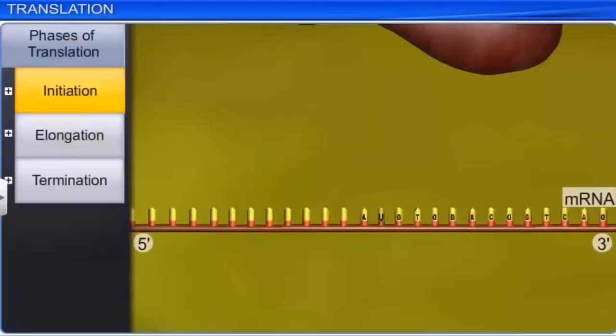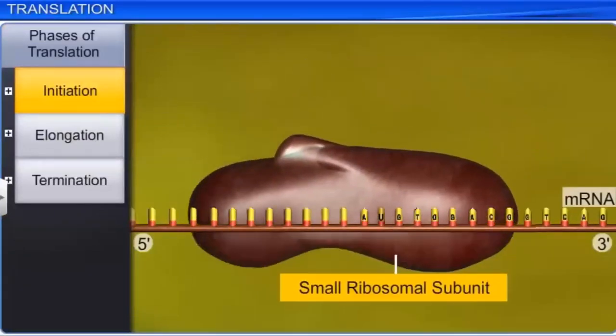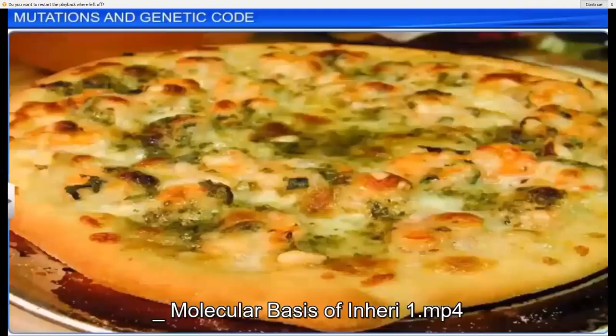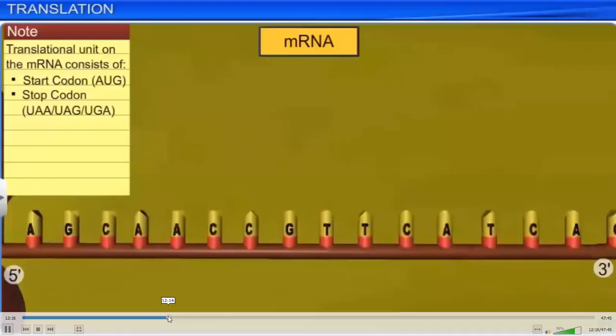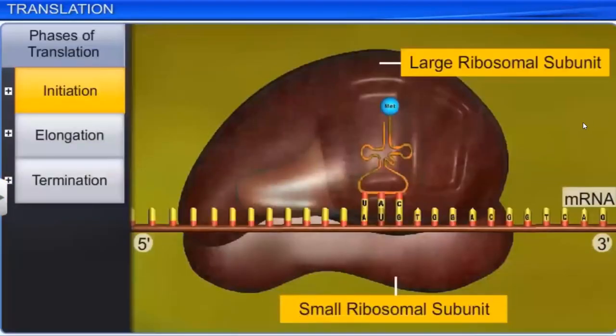In the initiation phase, the small subunit of the ribosome moves along the mRNA strand to locate and bind to the start codon AUG, with the small ribosomal subunit containing the mRNA.